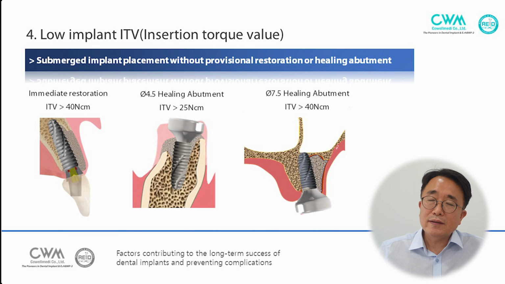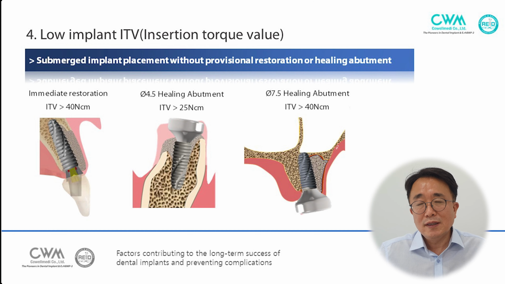I recommend this criteria: if you want immediate restoration, ITV has to be over 40 Newton centimeter. And if the ITV value is only 25 Newton centimeter, I recommend a healing abutment diameter of 4.5.